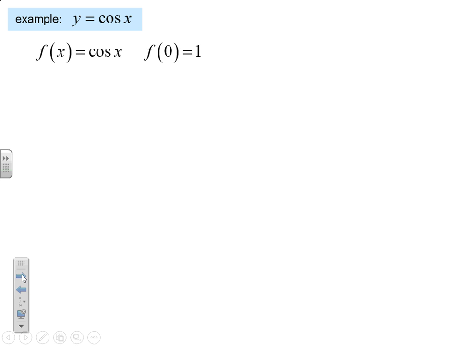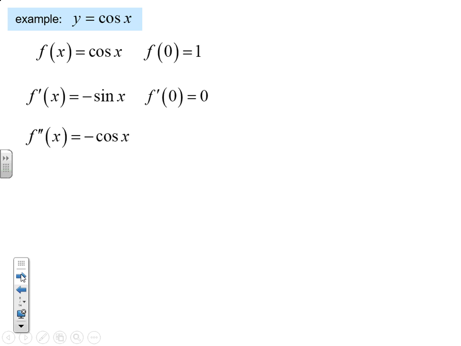Derivative, evaluated at 0. Second derivative, evaluated at 0.